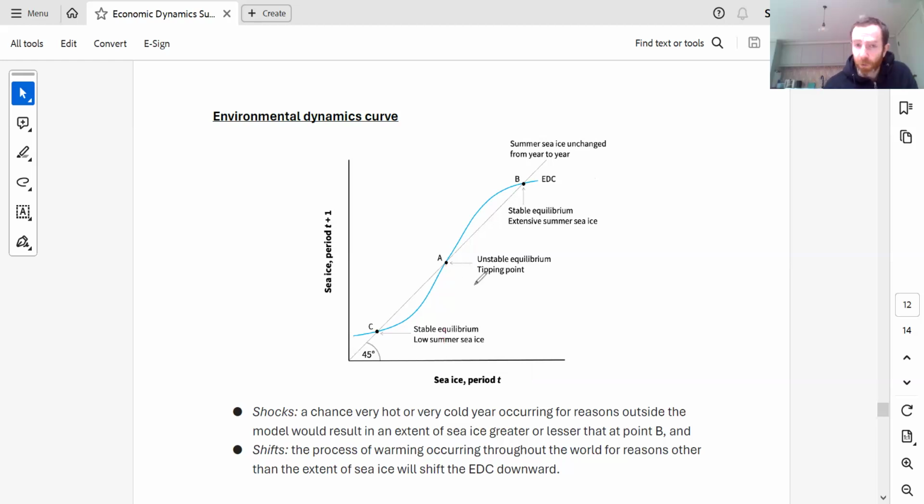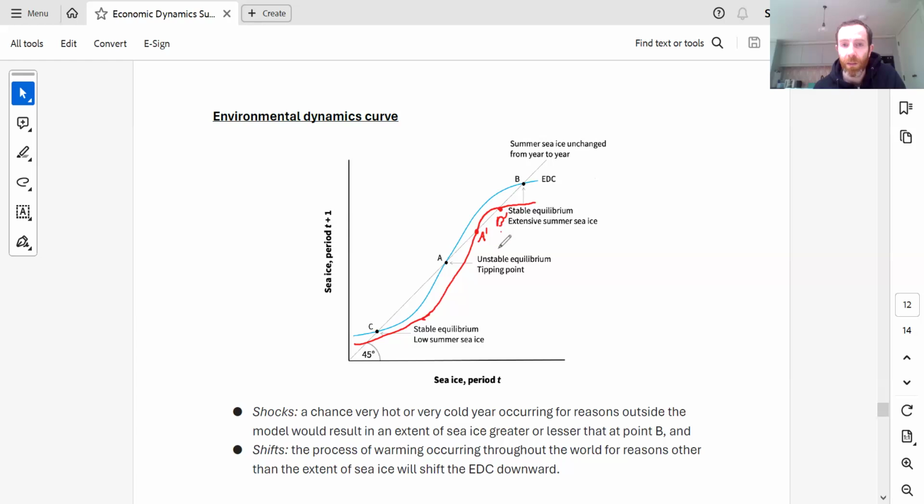But what's also possible, and what would make that more likely to happen, is if this environmental dynamics curve started to shift downwards. If we see the environmental dynamics curve shift downwards like that, then we'd have a stable equilibrium now here, which I'll mark at B prime, and an unstable one here at A prime.